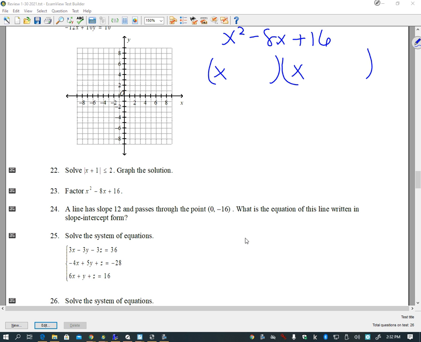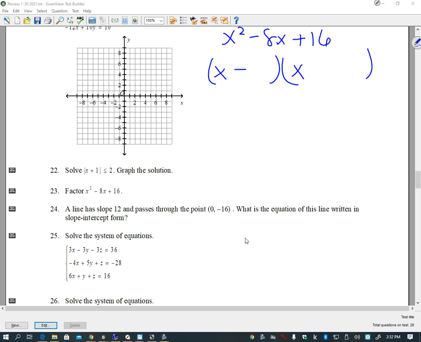All right. So because it's not plus plus, anytime it ends in plus, it is either plus plus or minus minus, because there's only 2 ways to multiply 2 numbers and get a positive. That's either to multiply 2 positives or to multiply 2 negatives. And if this sign over here is a negative, it has to be negative negative, because I can't add 2 positives and get a negative answer.